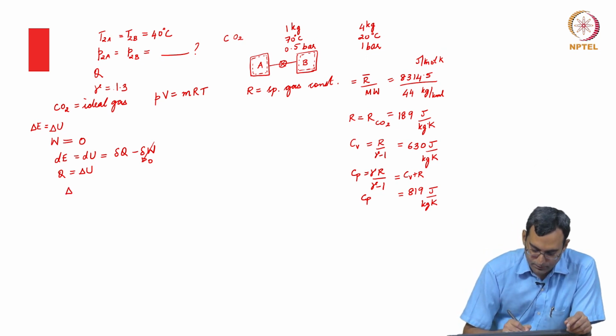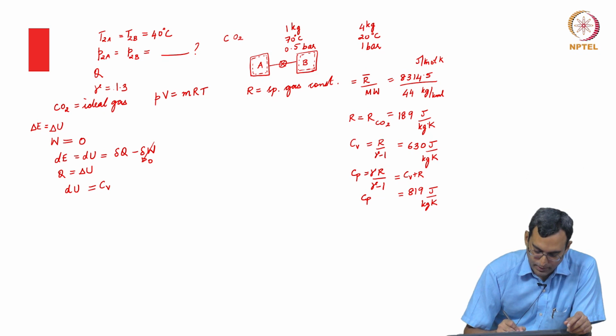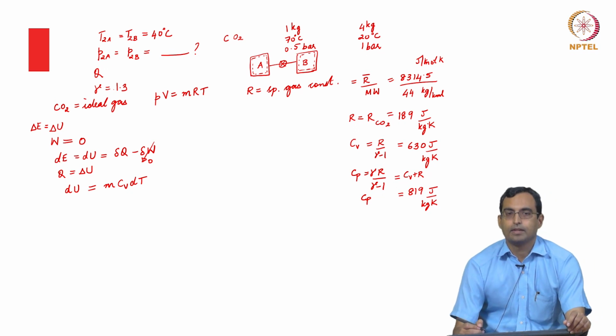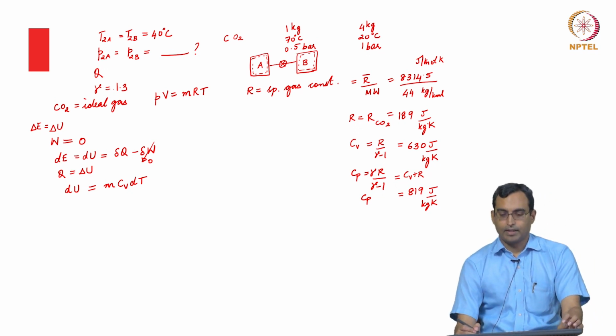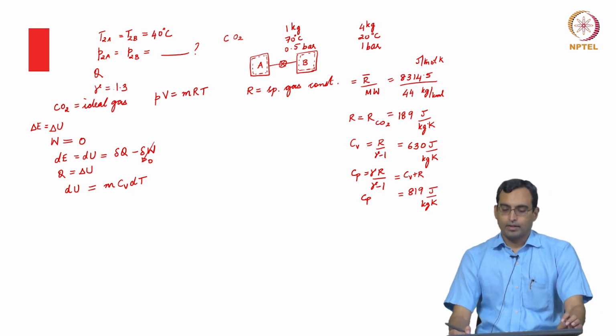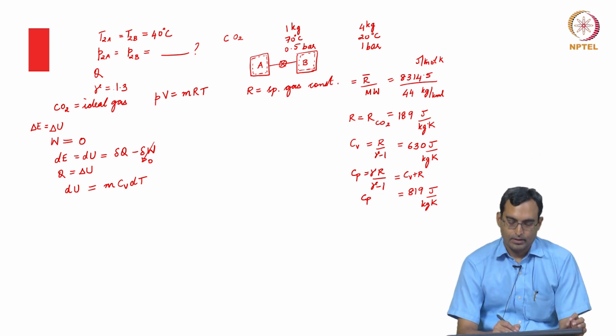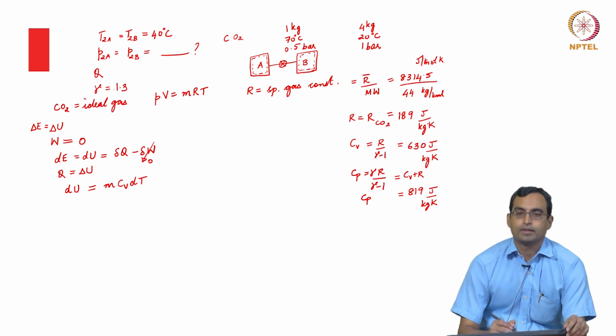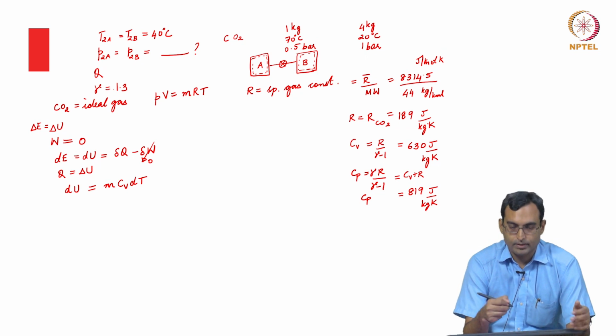Now, from the definition of specific heat, for an ideal gas we have dU equal to m into Cv into dT, that is our definition of specific heat. So, what I need to find out is the change. What was the initial state, what is the final state, and what is the difference.